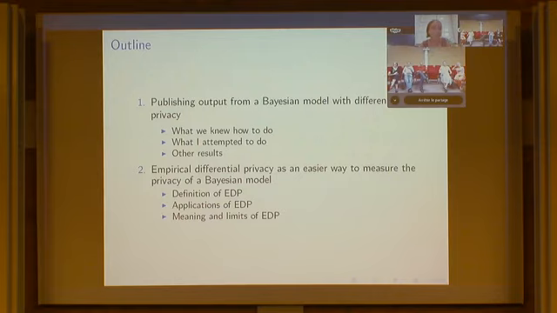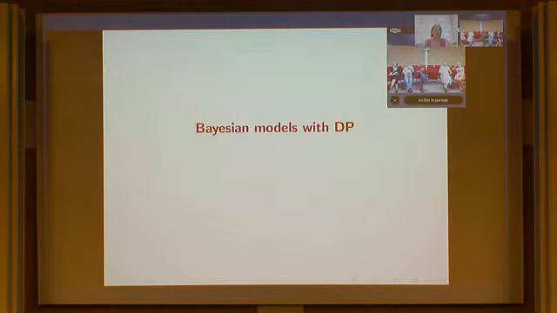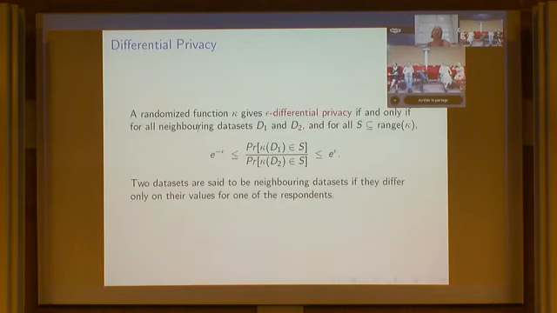All right, so the first thing is really trying to include differential privacy in Bayesian modeling. I have a slide here about differential privacy. I think we've all seen this slide a lot of times if you've been part of the program already. So I'm not going to go into it more, but the important part is that for differential privacy, you're looking at neighboring data sets, so data sets that differ only by one observation.